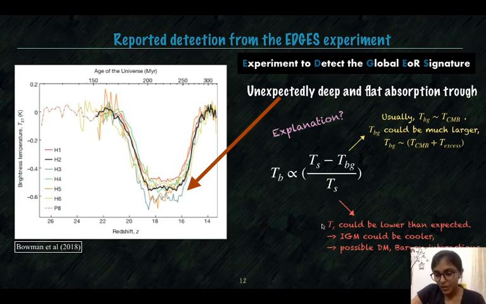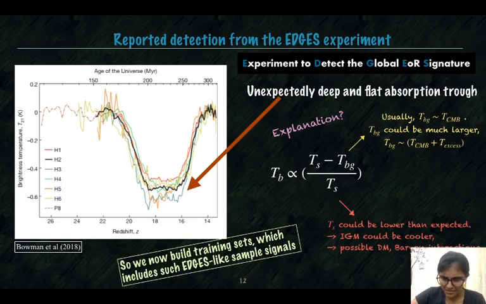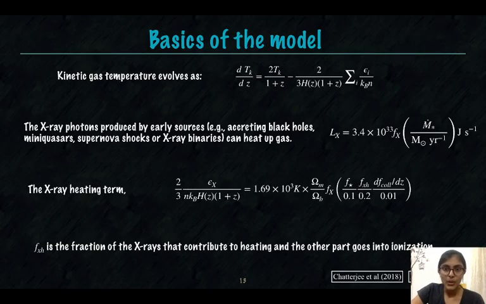So in our work, we have built training sets which will include such EDGES-like sample signals as well, with a very deep absorption trough. We have incorporated the excess radio model. The basics of the model are very simple as per Furlanetto et al. 2006. We have modeled the kinetic gas temperature, the X-ray photons, X-ray luminosities, and the X-ray heating terms as per Furlanetto et al.